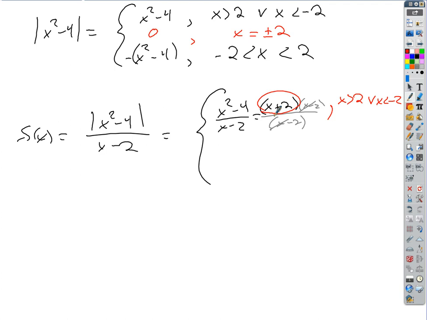Okay, what about the bottom? Well, aren't I just going to get negative times that, right? So negative x plus 2 times x minus 2 over x minus 2, so those cancel. So I just end up with negative, quantity x plus 2.